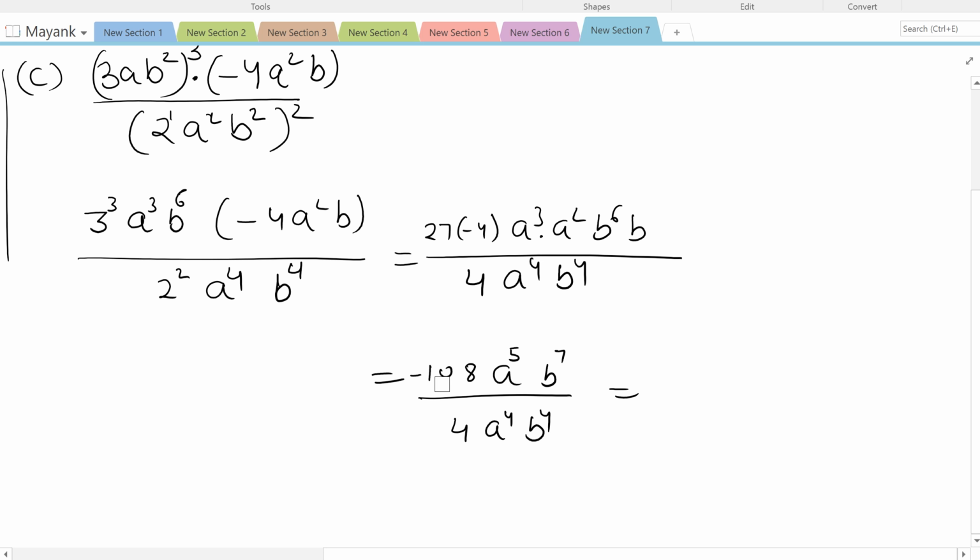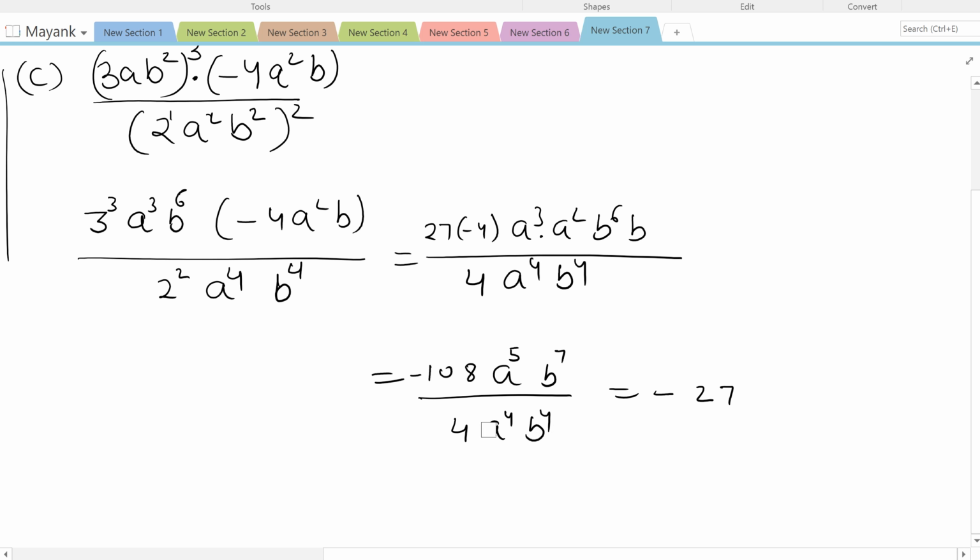Now we divide that number by 4. The negative sign stays, and that over 4. Now they are dividing each other.